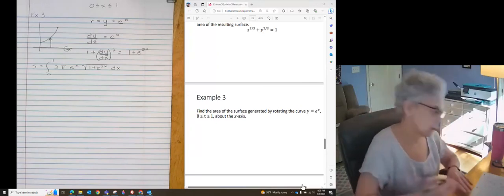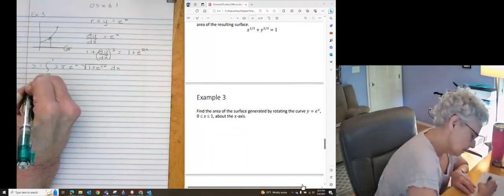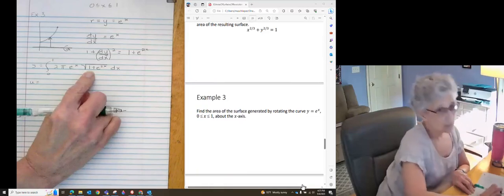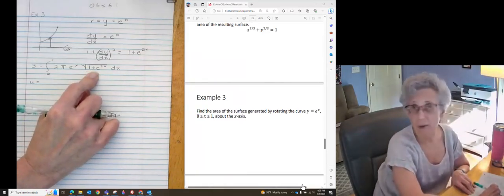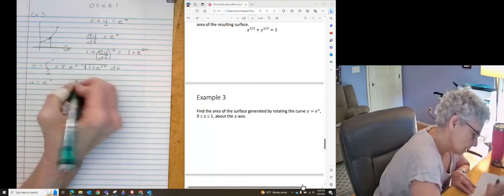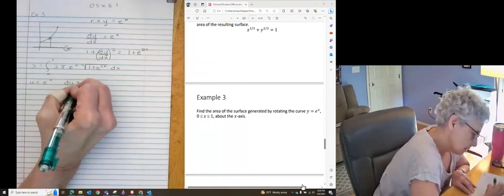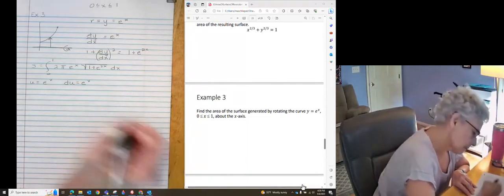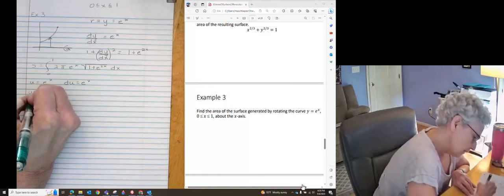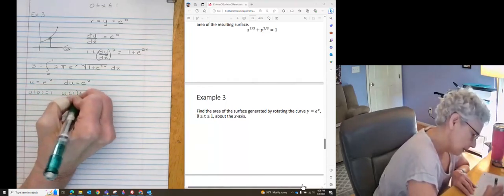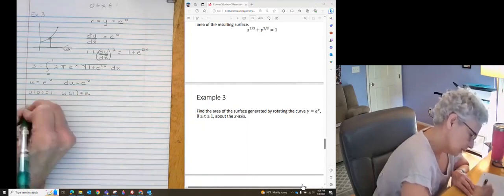And again, we're going to need to use substitution. So let's let u be equal to, well, if I let it be equal to the entire thing underneath the radical, it's not going to work for me. So let's let u be equal to just e to the x. Then du is e to the x dx. u evaluated at 0 is 1, and u evaluated at 1 is e.